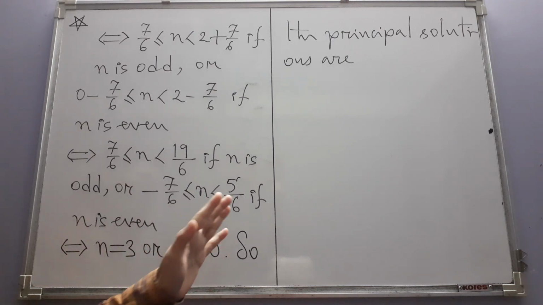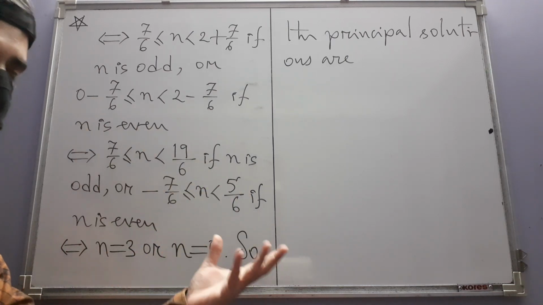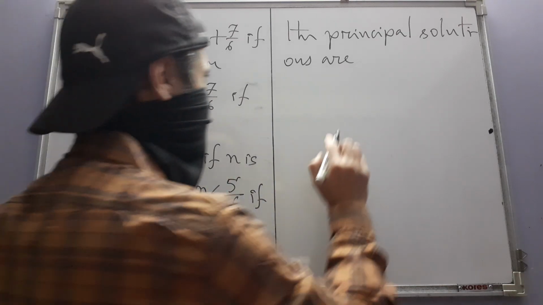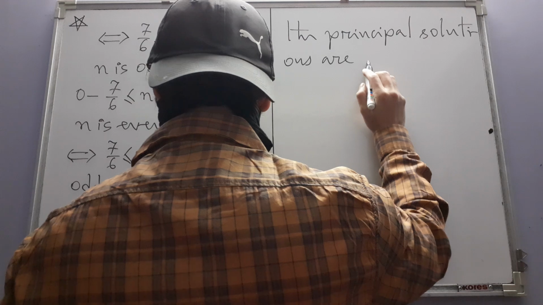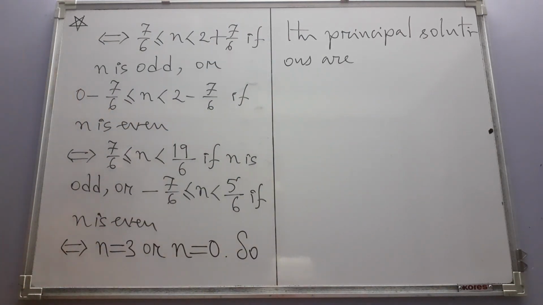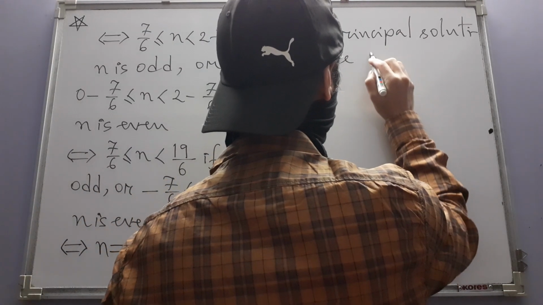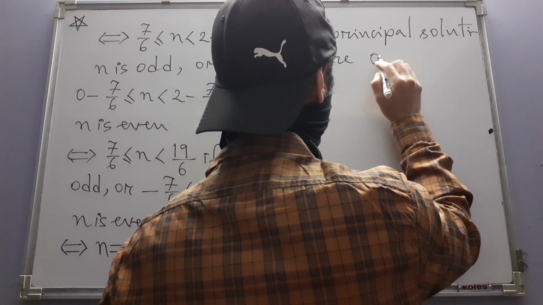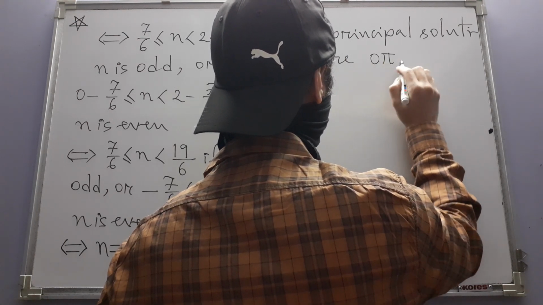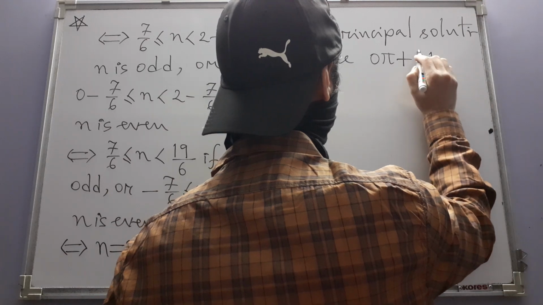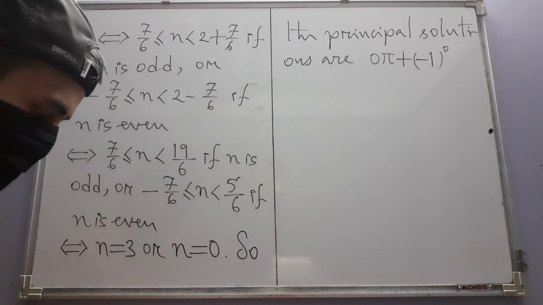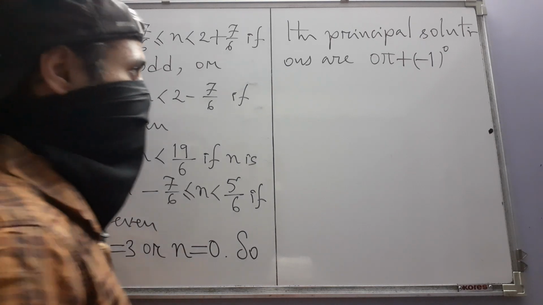You do not have to separately take into account which one represents the even case, which one represents the odd case. Let's put n equal to 0 first. In fact, let's write like this. n pi, the beginning was like that, so 0 pi plus minus 1 to the power 0 times, what was the angle? I forgot, 7 pi over 6.